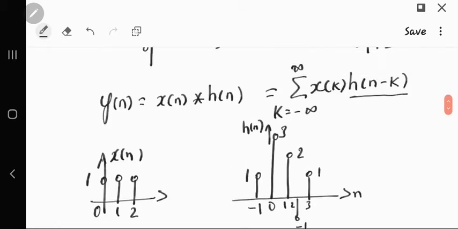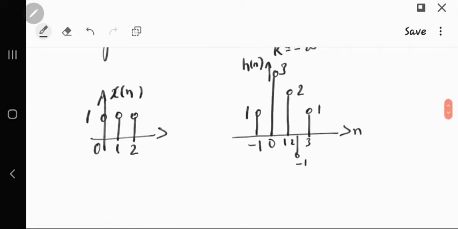Now, I have considered x of n convolved with h of n. Whenever I am taking the sample at the origin, there will be no shifting for h of n. If you take the next sample, that is 1, then the entire h of n will be shifted towards the right one time, because I am taking the sample after the origin.